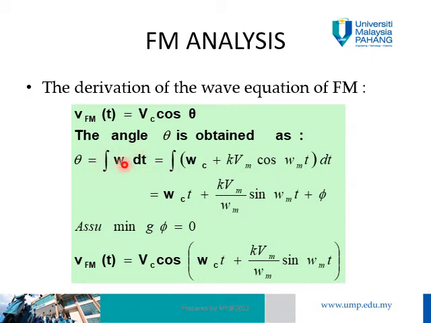Solving this integration, we have omega ct plus k Vm over omega m sine omega mt plus phi. So assuming phi equal to 0, Vm equal to Vc cos of omega ct plus k Vm over omega m sine omega mt. So this is the equation we discussed just now.